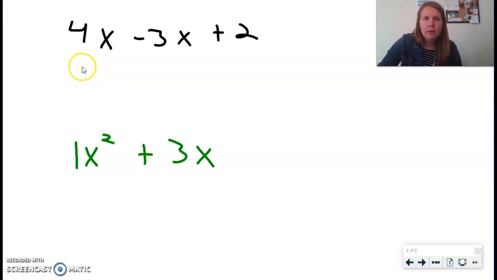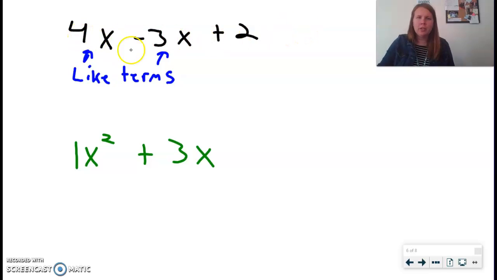So one thing to notice and one thing we were talking about were like terms. Like terms are things that are like. So in this case and in this black equation here, the 4x and 3x are like terms. They both have a coefficient, so a number in front, and they both have the variable x. Okay, that is a like term.